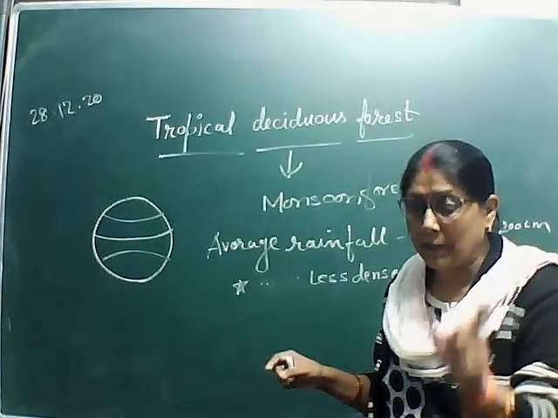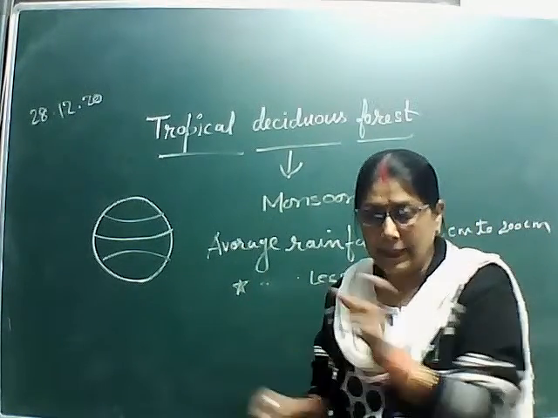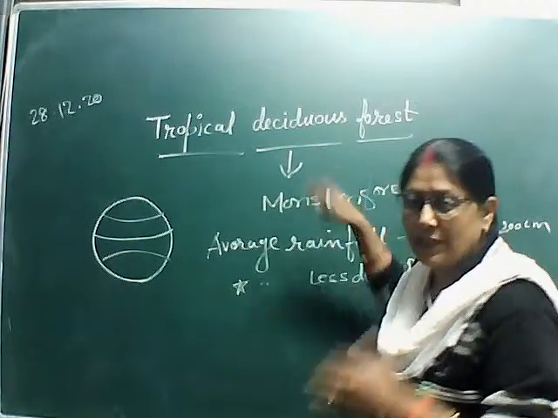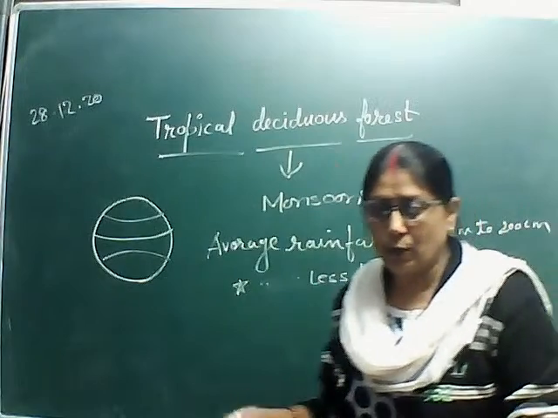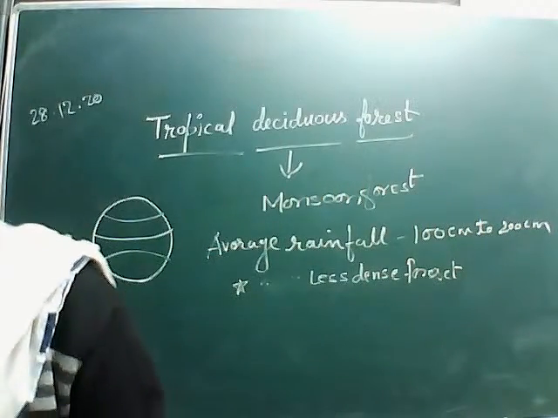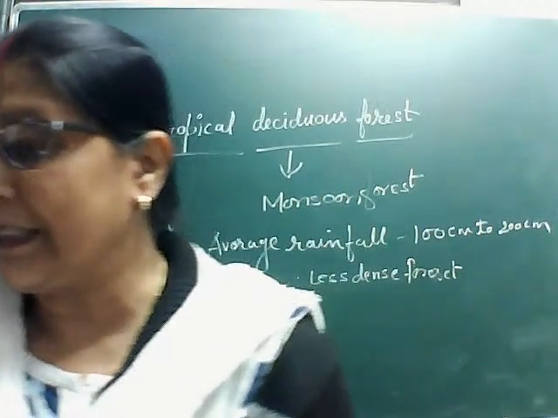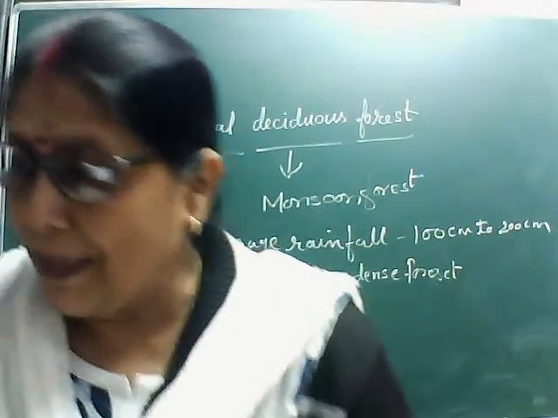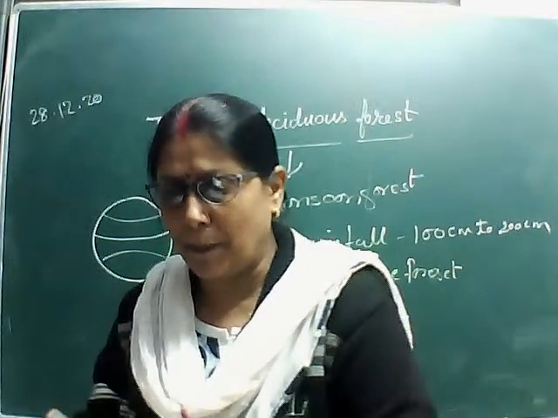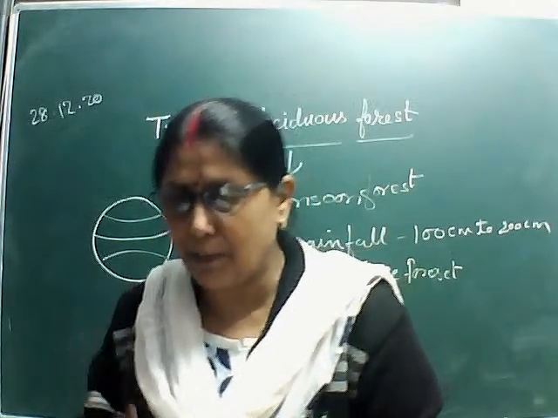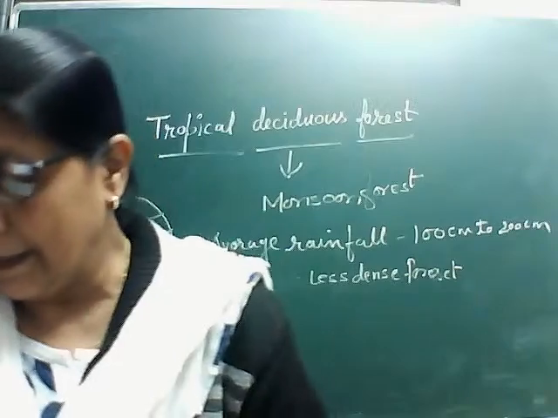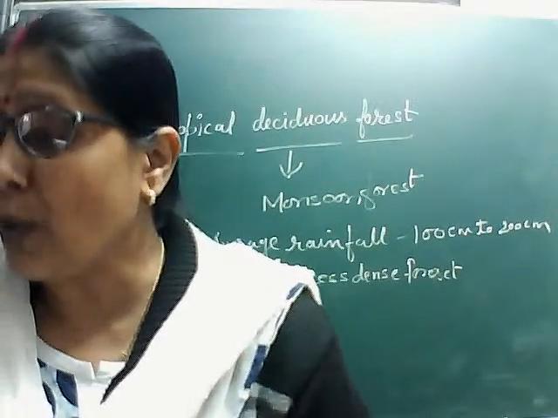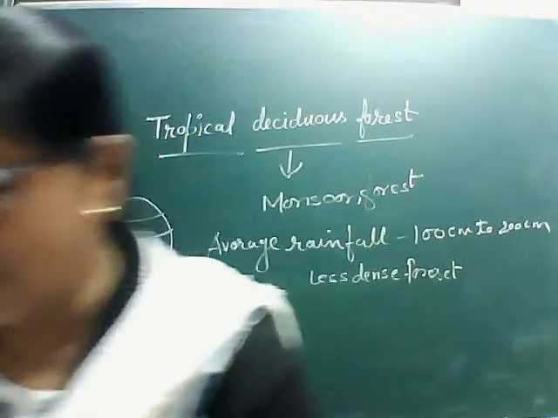And that time is particularly March to April, right? In this time period of March to April the trees of this forest shed their leaves. So what are those trees? That is sal, teak, then peepal, neem and shisham. Where can we see most of it? That is Madhya Pradesh, Uttar Pradesh, Bihar, then Chhattisgarh, Odisha, Jharkhand and parts of Maharashtra. So this is all about tropical deciduous forest.